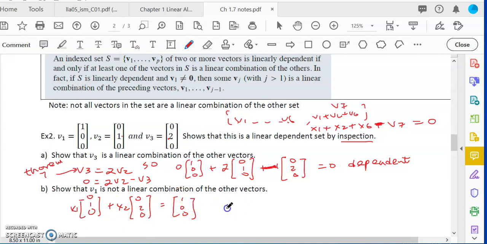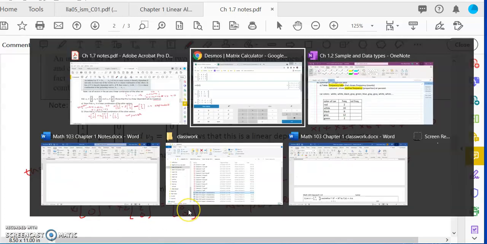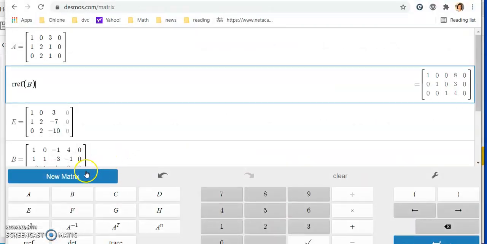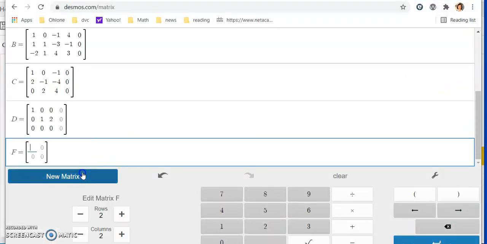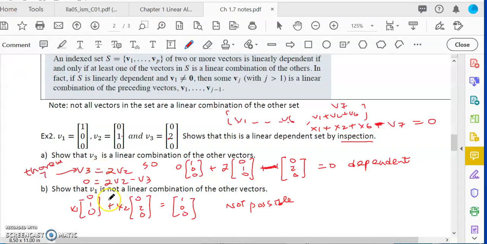That is not possible, right? No solution. Okay, so we can try. You can just say that x1 times 0 plus x2 times 0 equal to 1 is not possible, no solution. But you can also use an equation to try.